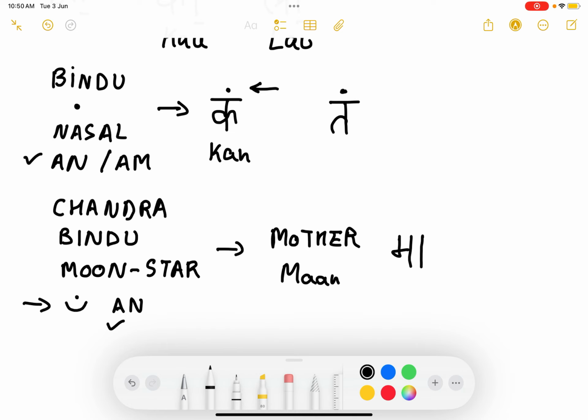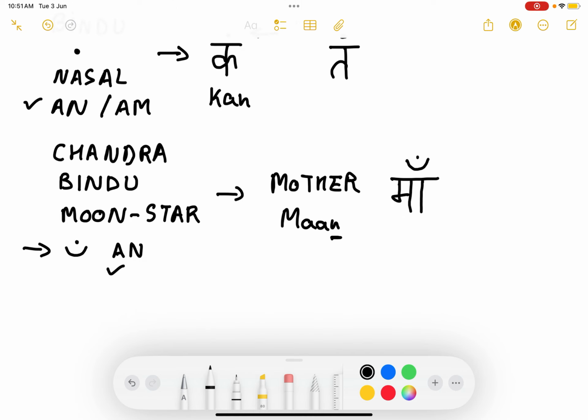But there's a nasal touch to the word, so we put a Chandra Bindu matra on the top here like this. This is how we write mother. It's not without the nasal N, which is very important here. The right pronunciation has the nasal sound. Notice the nasal sound coming up?